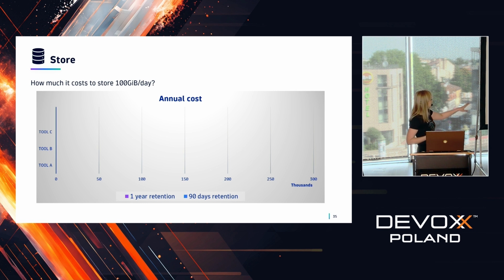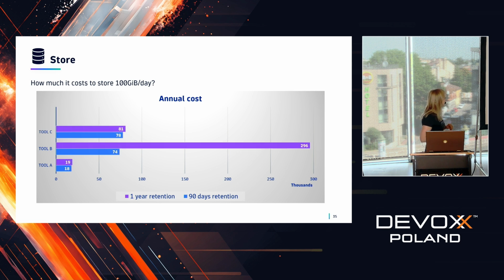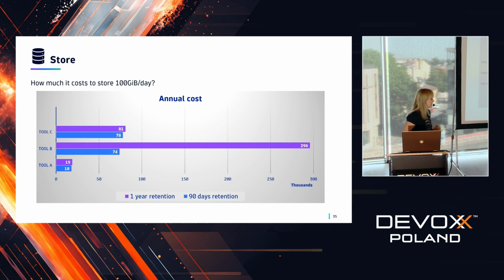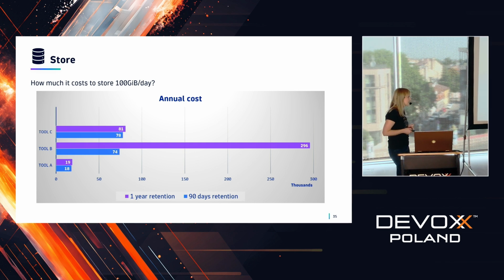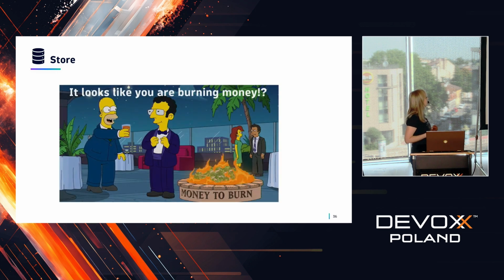So 1 year and 90 days is the retention of the data. For 90 days, it was from 18 to 78 thousand dollars. And in case of 1 year of retention, the annual cost was from 19 to almost 300 thousand dollars. So it's pretty much.